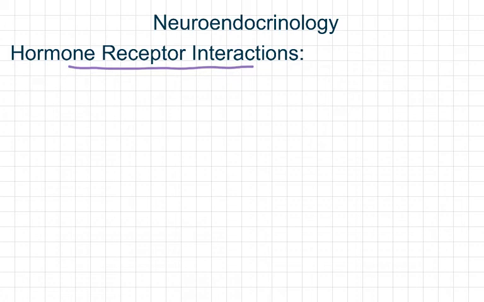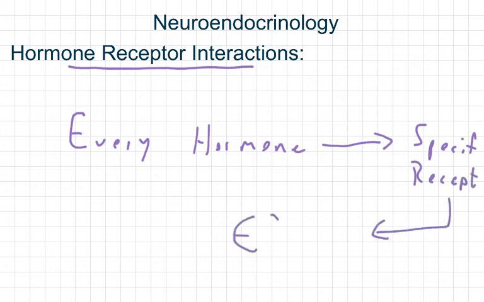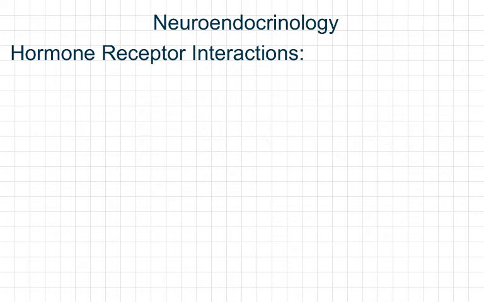What we mean by this is, for every hormone, they have a particular receptor that they work on to exhibit their mechanism of action. An example of this is insulin.